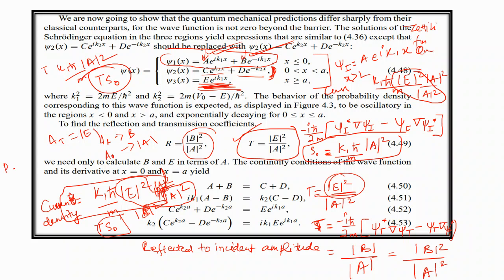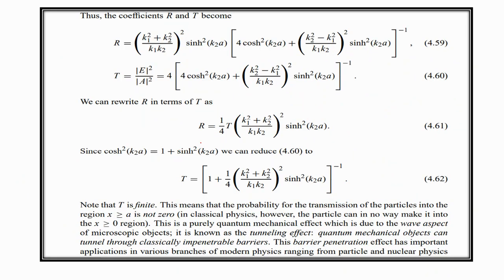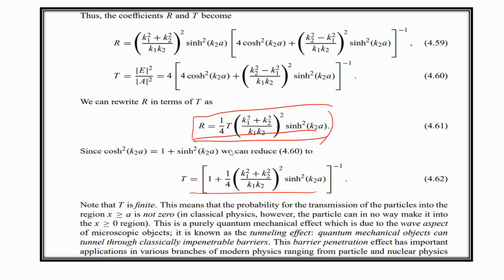Okay, and reflection will be AR by A naught whole square, right? So reflection, what you got, R value you can put here. So R value, what I got, this value I got, and this is T value I got. And further, while further solving, they got R and T value like this. So you have to do a lot of mathematics in this one.